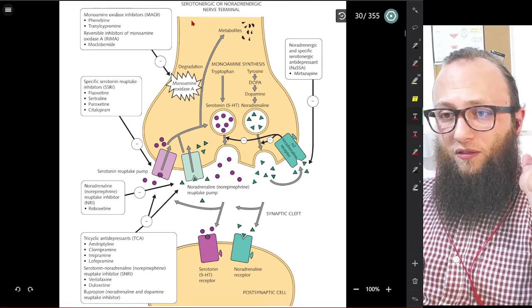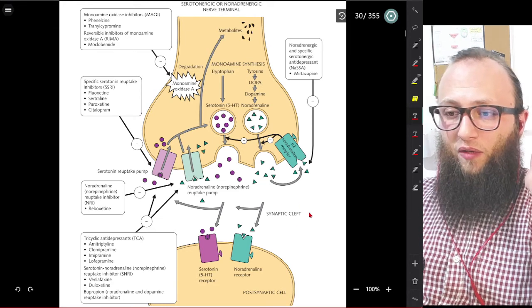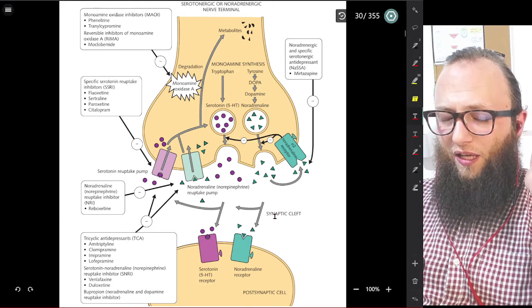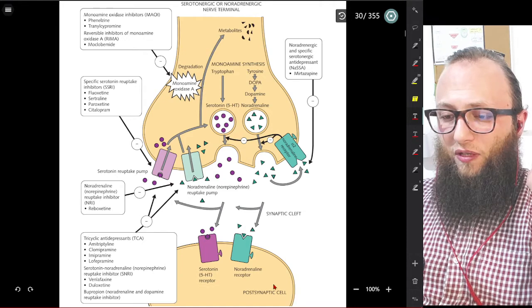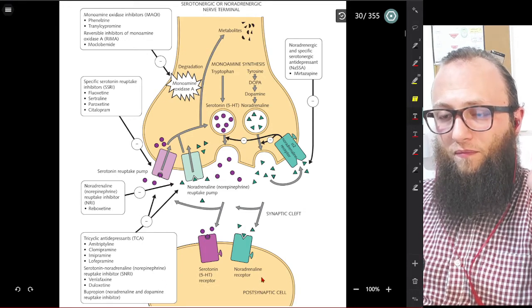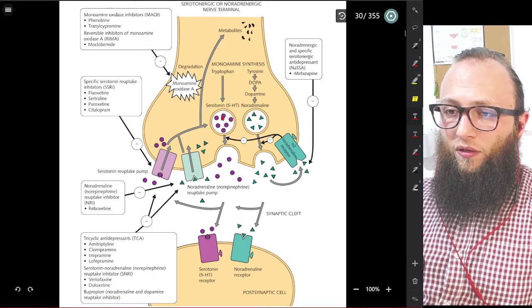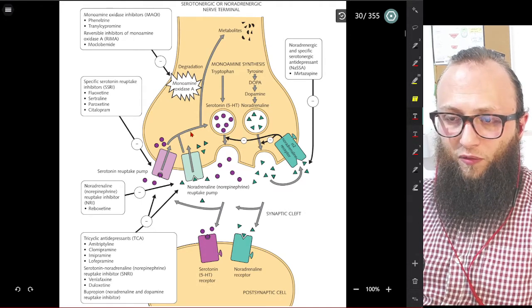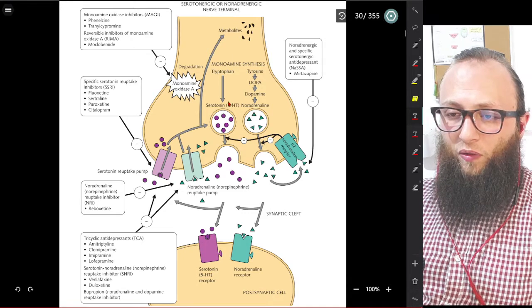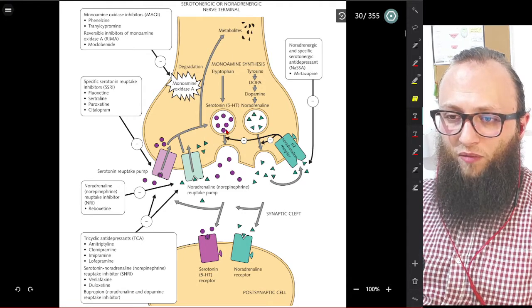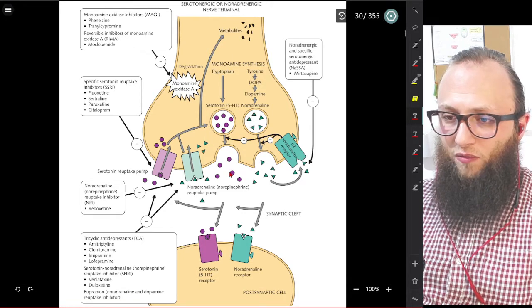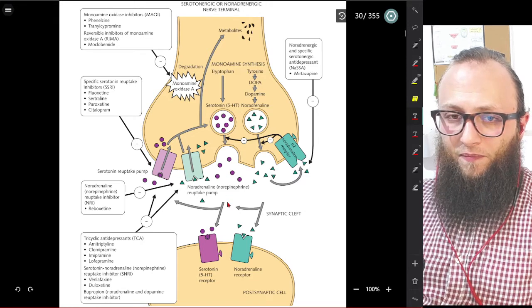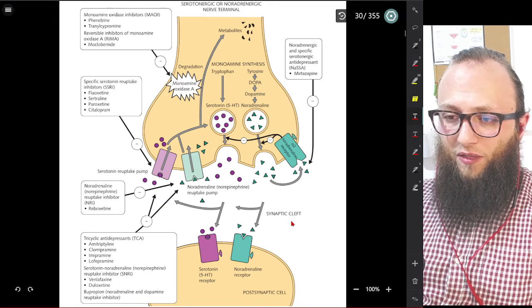So we have this nerve terminal, we have this synaptic cleft, and this is the postsynaptic neuron. And as you know, the neurotransmitters are packed within vesicles within the presynaptic neuron. Then when there is an action potential, the neurotransmitters will be released in the synaptic cleft.